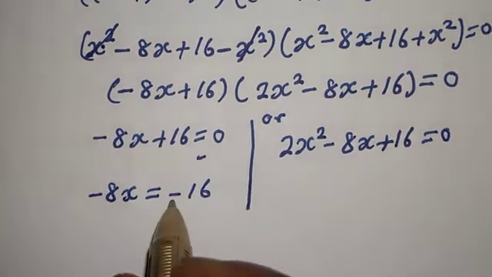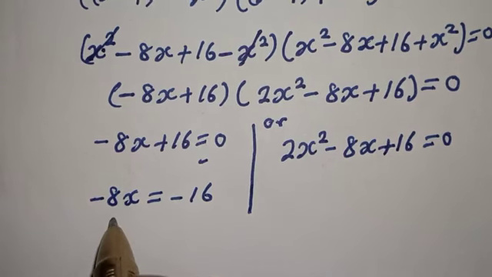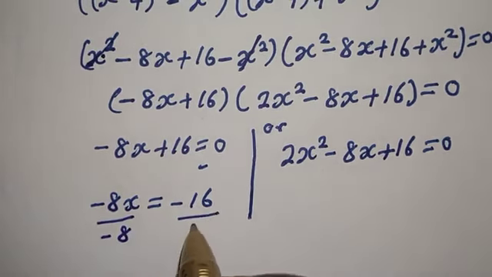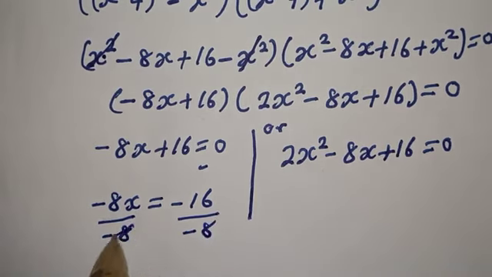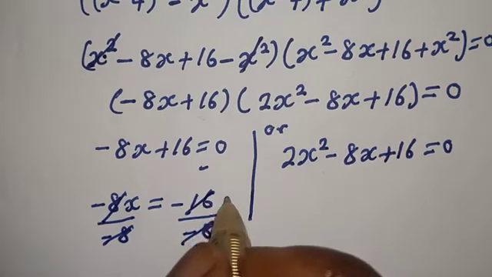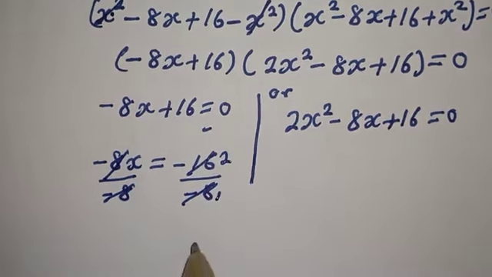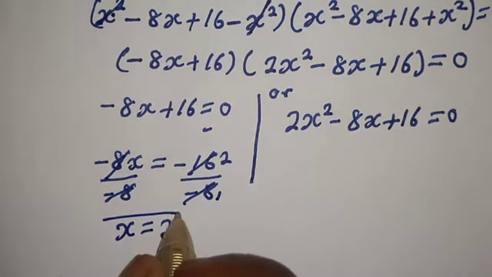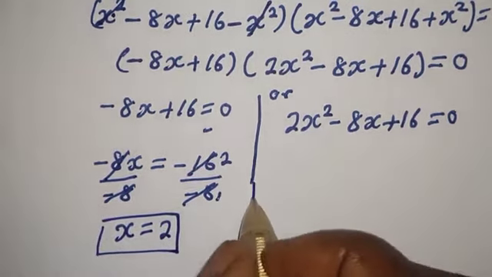Now let's divide both sides of this equation by −8. This will cancel this, −8 here 1, −8 here 2. s is equal to 2. This is the first value of s.